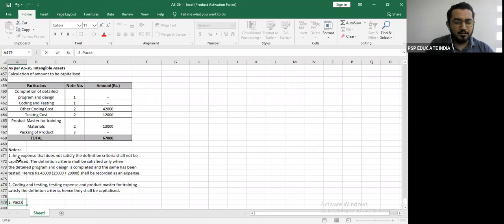Finally, the third one, packing of the product shall be charged to profit and loss account.